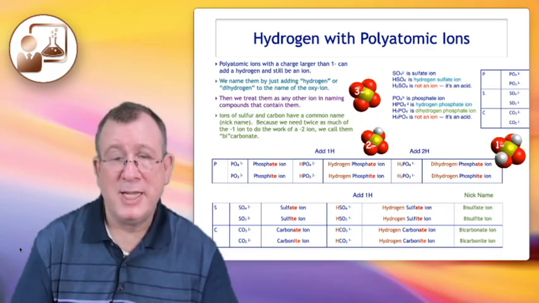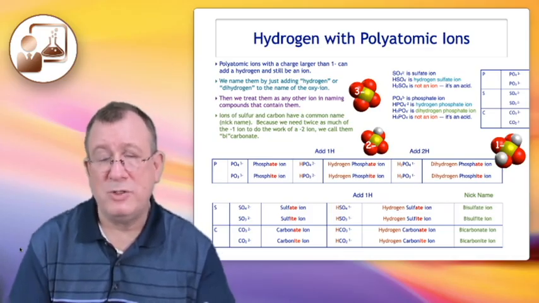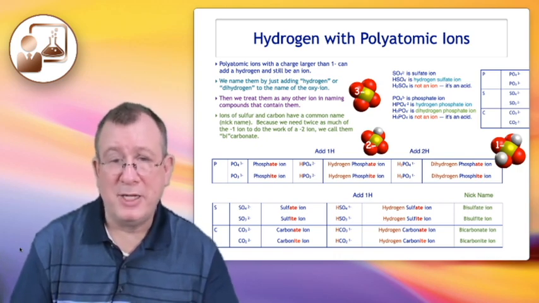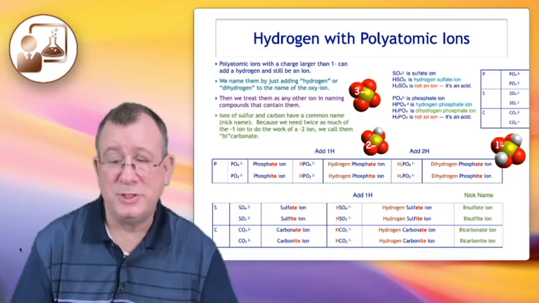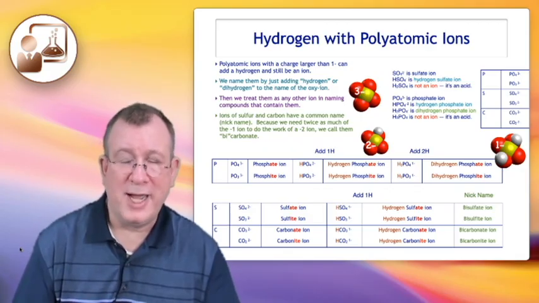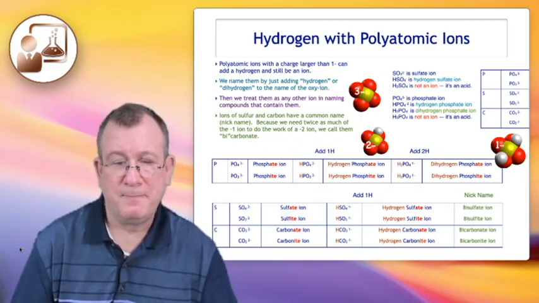HSO4 1 minus is the hydrogen sulfate ion, but there's a common name for it, bisulfate ion, and you can do bisulfite and bicarbonate also. That being said, these common names you're not going to be held responsible for, but you may run into them in the laboratory, so you should be aware they exist. They're just shortcuts for the hydrogen carbonate ion or the hydrogen sulfite ion.